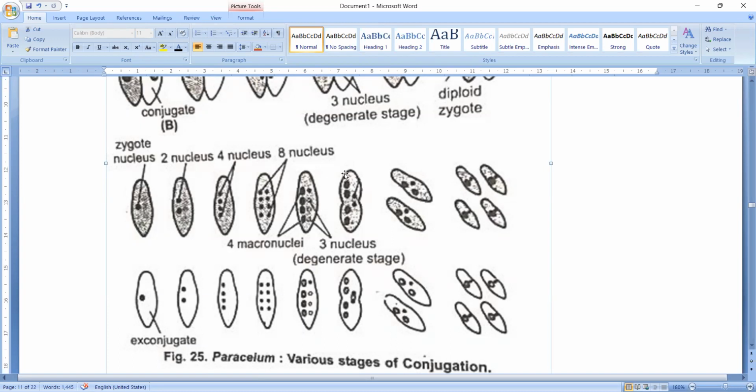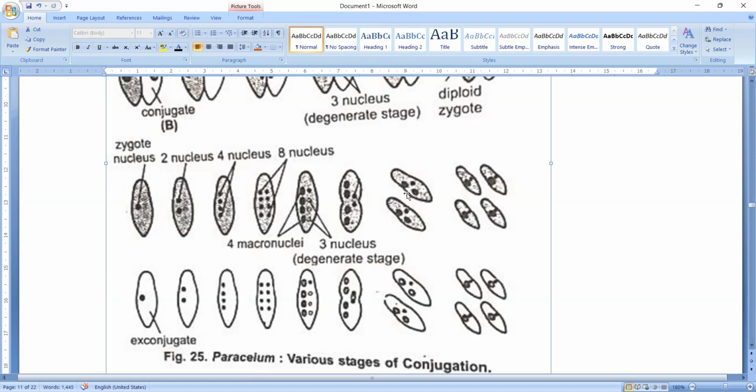Two go one way and two go the other. Whereas the micronucleus divides mitotically, and it is also shared. Now again there will be another division. Obviously, of the macronuclei out of 4, 2 enter into one animal and 2 into another.